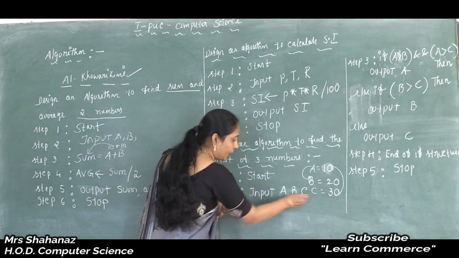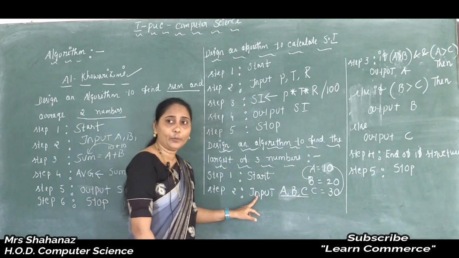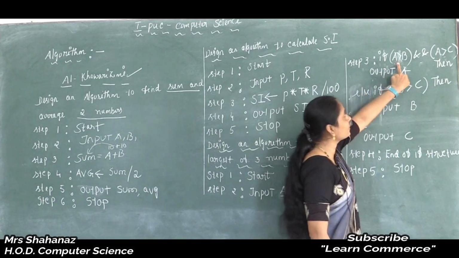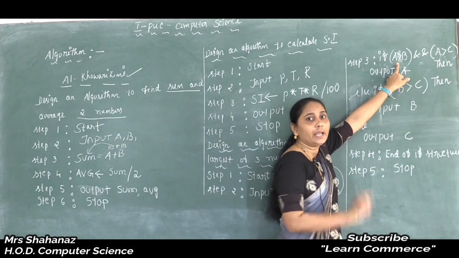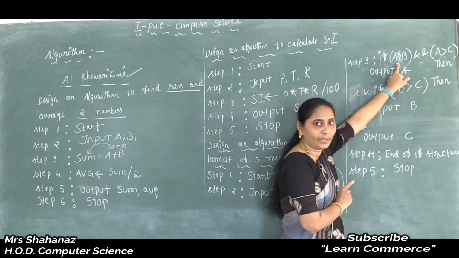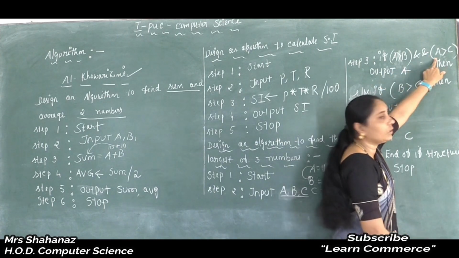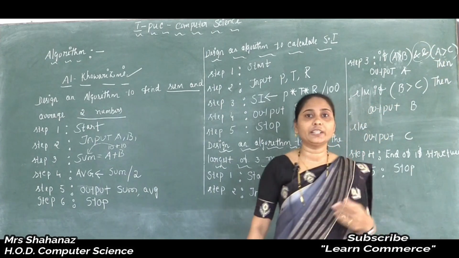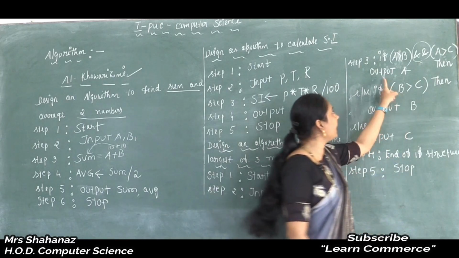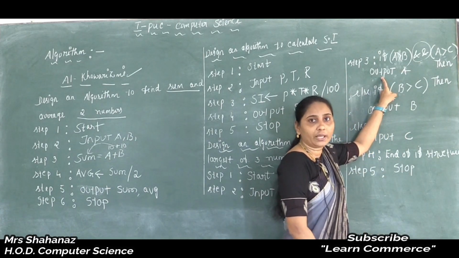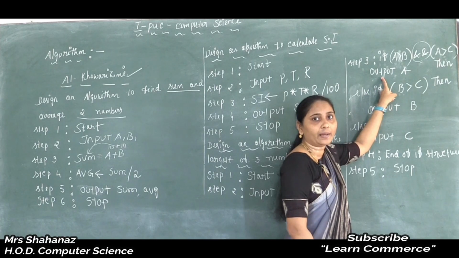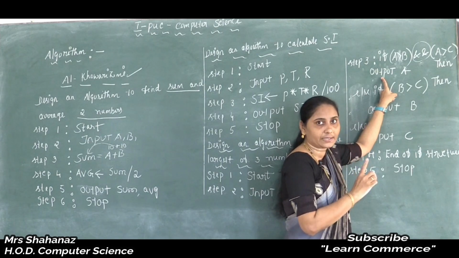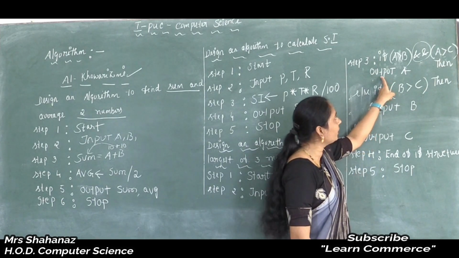Then the 3 variables we need to take, input A, B, C, and after that I used the condition: if A value is greater than B and A value is greater than C. That means here the AND condition is that if both the conditions are true, then only the output is A. When you compare B and C, the A value should be the greatest in this case. Then only the output is A here.